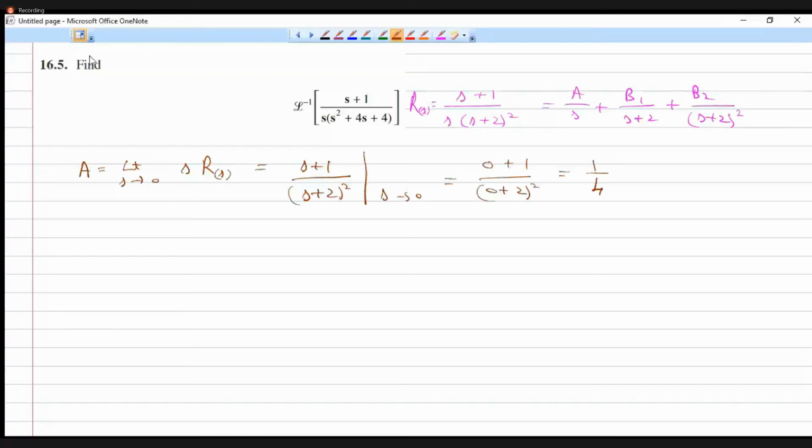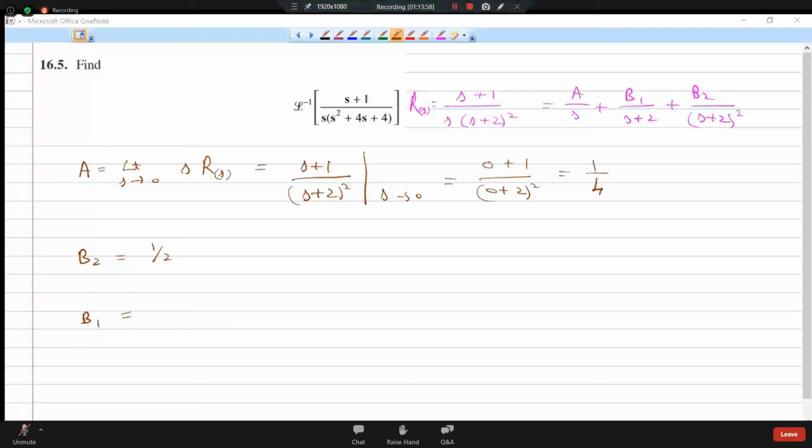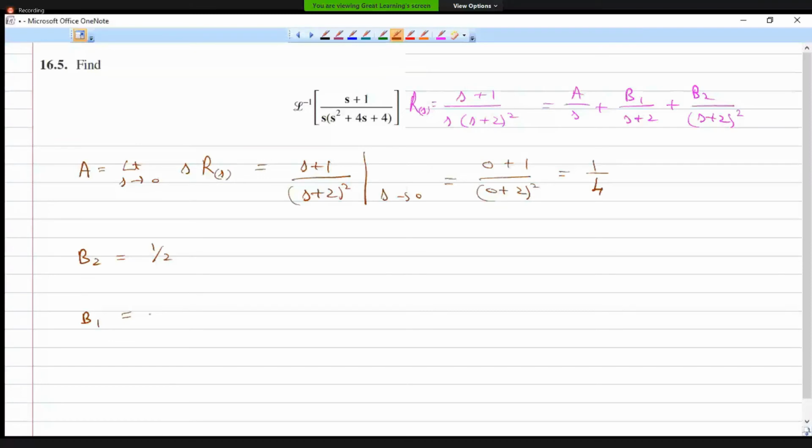Similarly, you can evaluate what is b1 and b2. So first you have to evaluate b2, and after that you can evaluate b1. For b2, just verify whether you're getting 1 by 2. So if you are getting b2 like this, then you can evaluate b1.